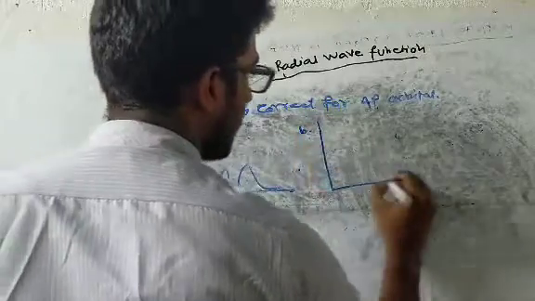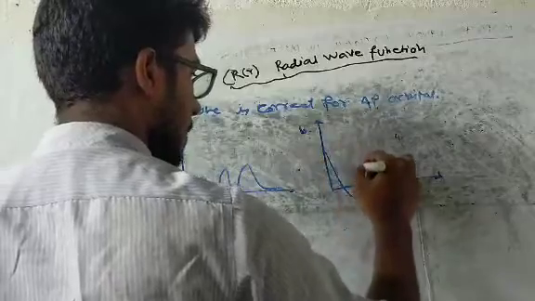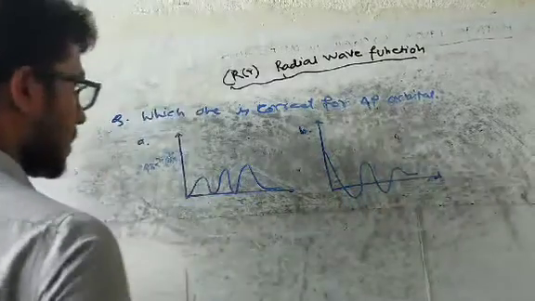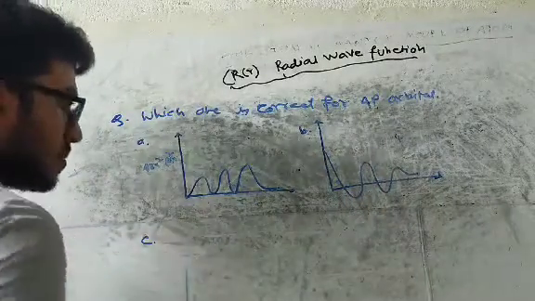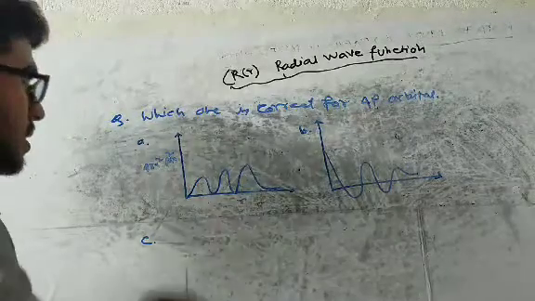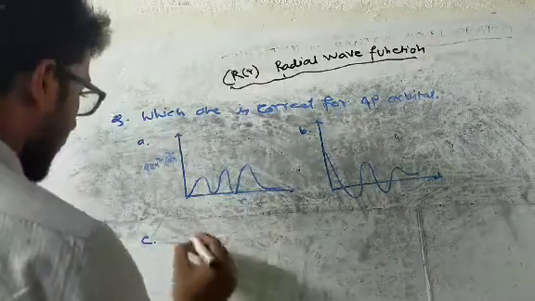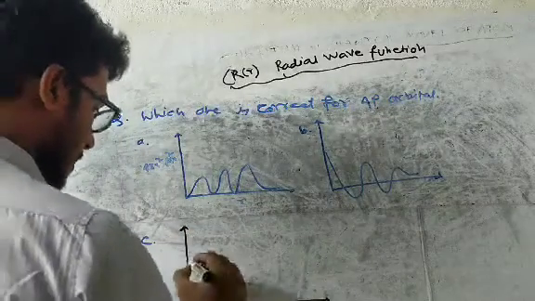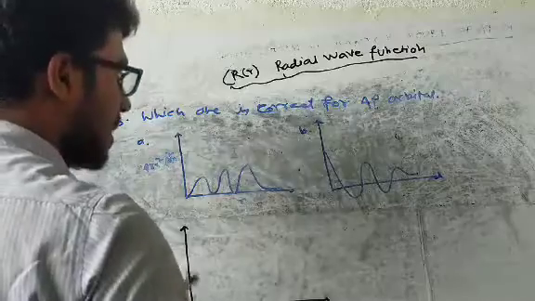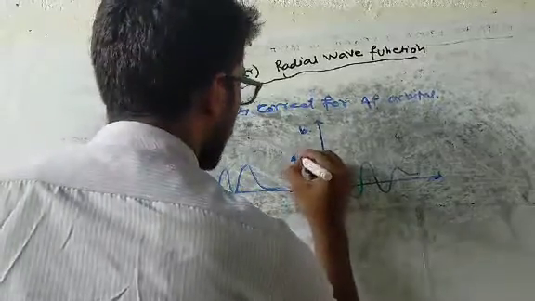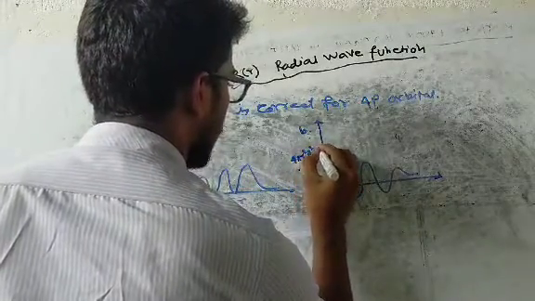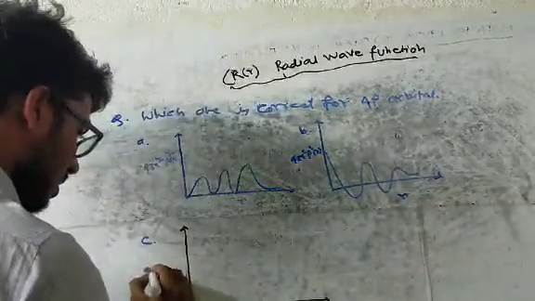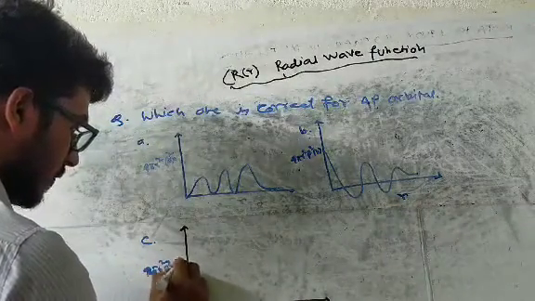Option B, option C, where my axis is the square part, 4 pi r square R of r versus r.